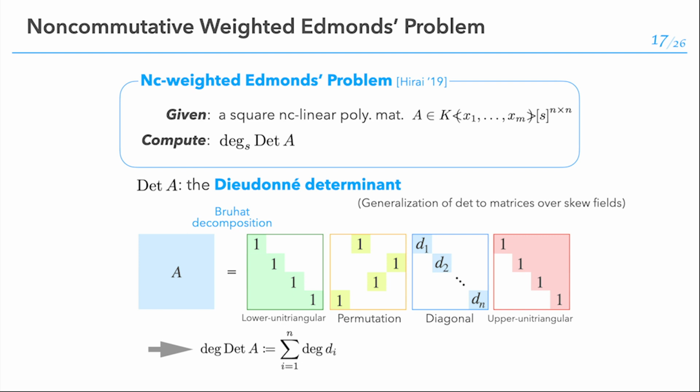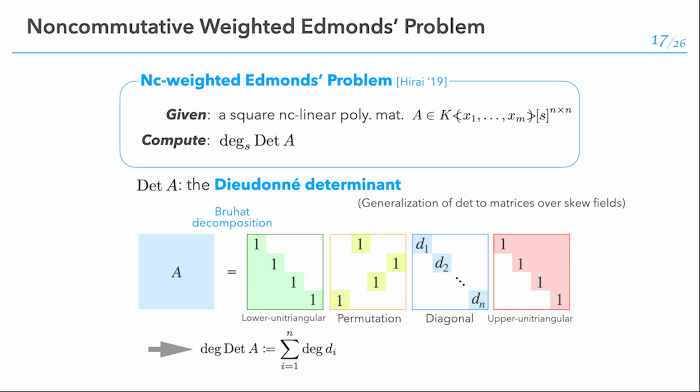Then, the non-commutative weighted Edmonds problem, which was introduced by Hirai, is as follows. We are given a square non-commutative linear polynomial matrix A, and we want to compute the degree of the determinant of A. But it should be noted that A has non-commutative entries, so defining the determinant of A is a non-trivial task.